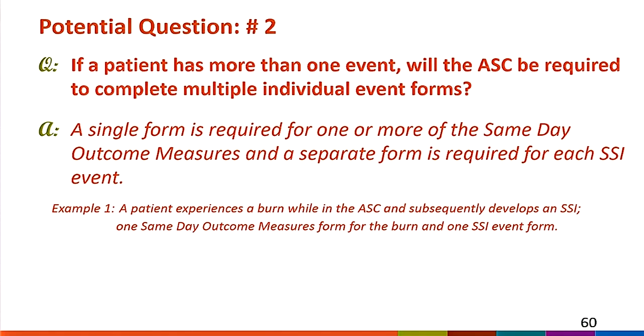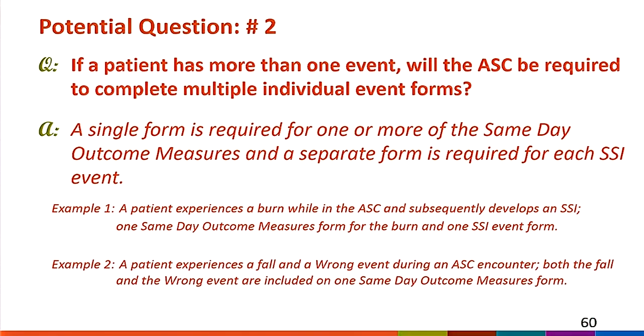One same-day outcome measures form is required for the burn, and one SSI event form is required for the SSI event. Another example, a patient experiences a fall and a wrong event during an ASC encounter. Both the fall and the wrong event are included on one same-day outcome event form.